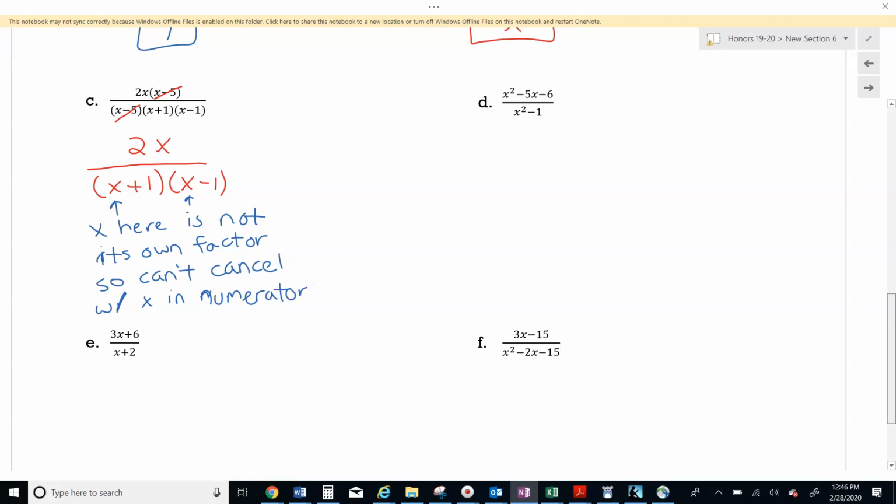You can only cancel if the factor is exactly the same. x and x plus 1, while they both have x's in them, are not exactly the same.